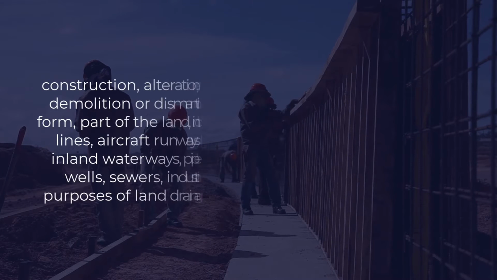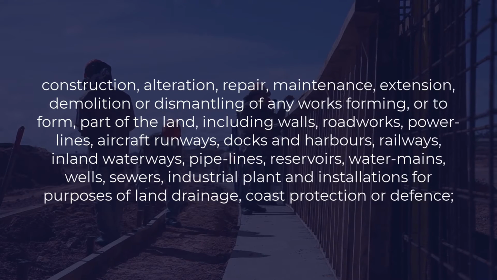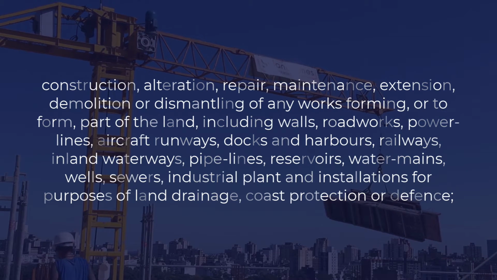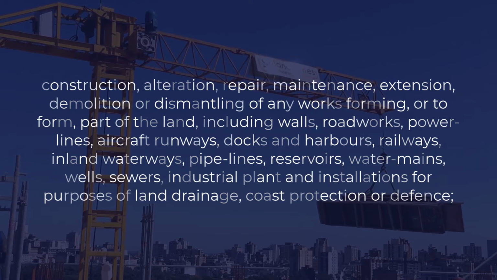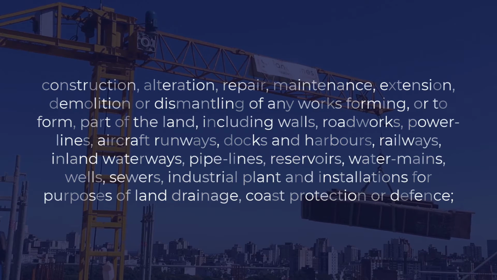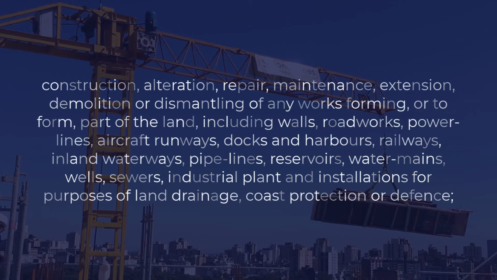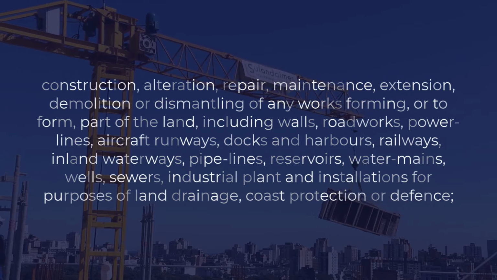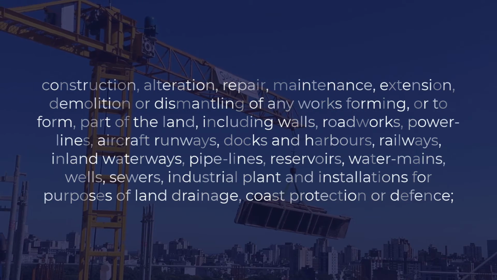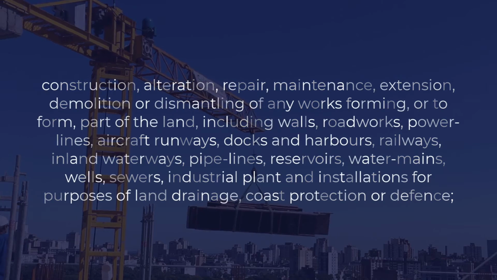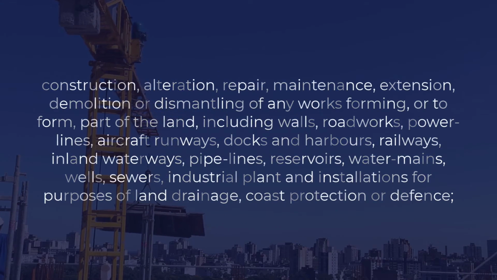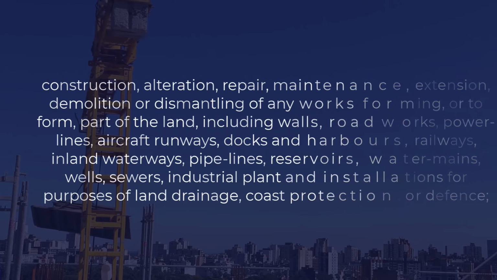Construction, alteration, repair, maintenance, extension, demolition or dismantling of any works forming or to form part of the land, including walls, roadworks, power lines, aircraft runways, docks and harbors, railways, inland waterways, pipelines, reservoirs, water mains, wells, sewers, industrial plant and installation for purposes of land drainage, coastal protection or defense.